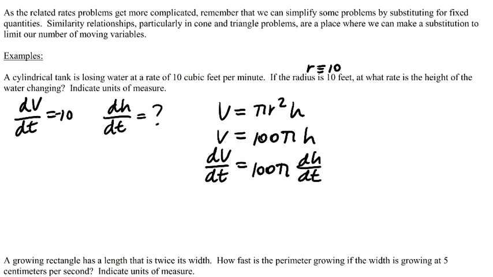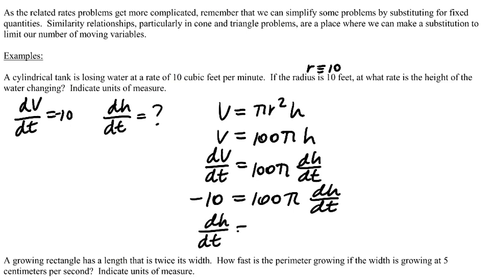And then we know that dV/dt is negative 10, which is 100 times pi times dh/dt. And we could solve for dh/dt, which is negative 10 over 100 pi. Okay, h is going to be measured in feet, and time is measured in minutes.